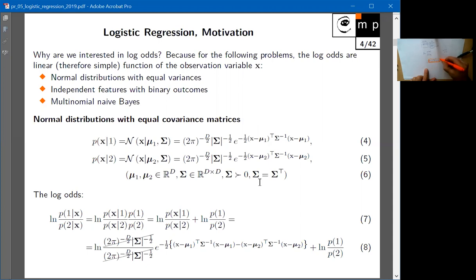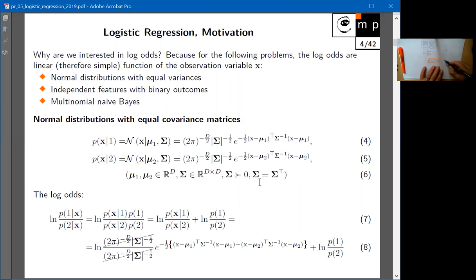How was this called? You touched this in algebra. Okay, no one. So this is a quadratic form.